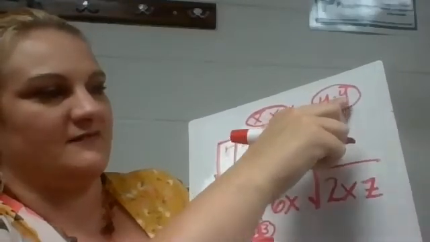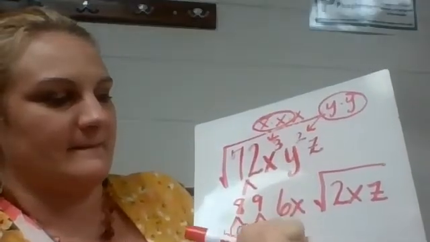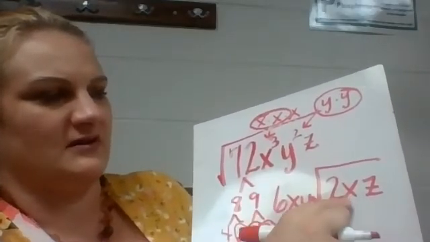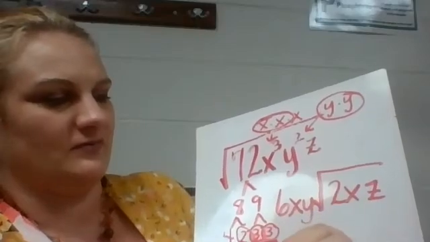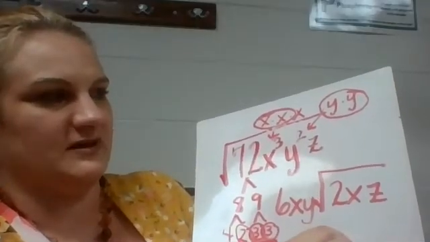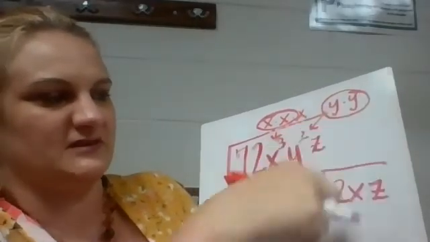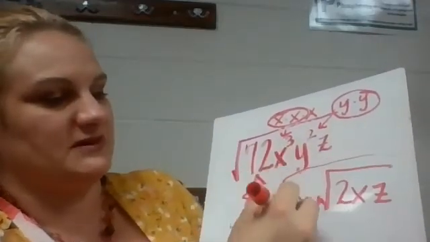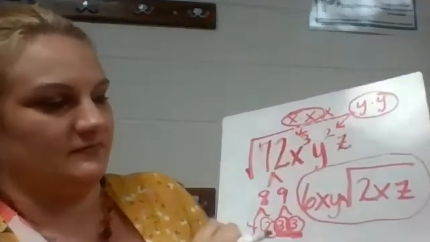And then I have a pair of y's. Do I need to write another y over here? No, because they're not leaving their friends behind, right? So then this would be your answer.